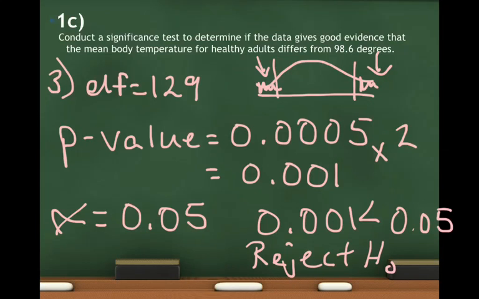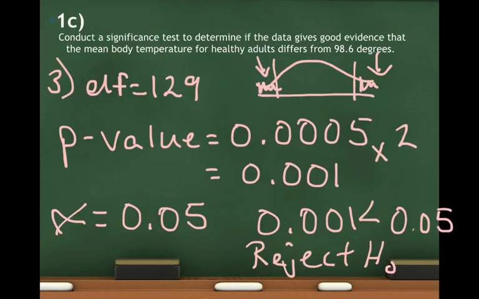And so if we reject the null hypotheses, what that is telling us is we have some evidence that the mean body temperature for the healthy adults differs from 98.6 degrees. We have some evidence to say it's different.